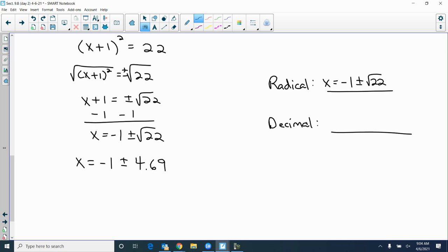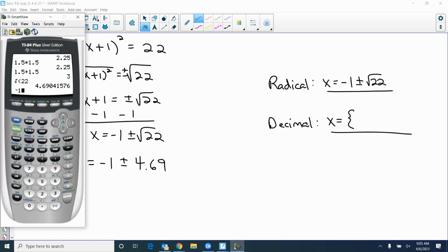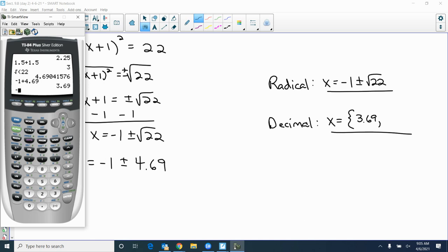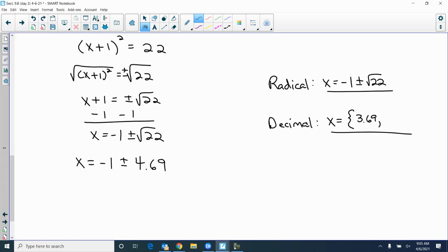So now you've got the two cases, and you can put them down at the bottom here if you want to right away. What is negative 1 plus 4.69? I get positive 3.69, and then I get negative 1 minus that, and I get negative 5.69.